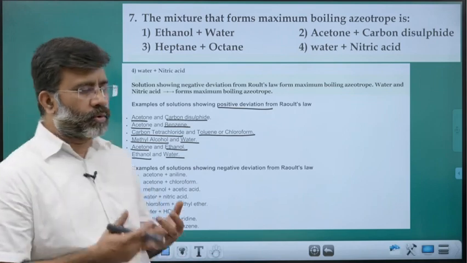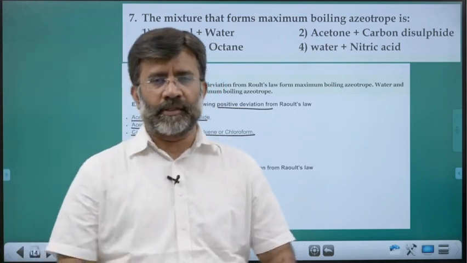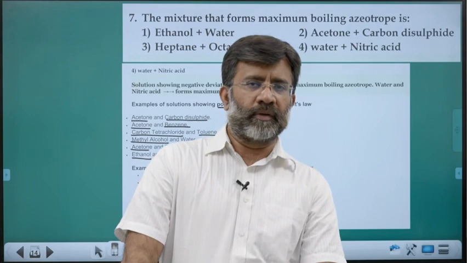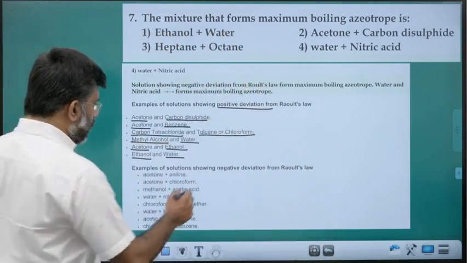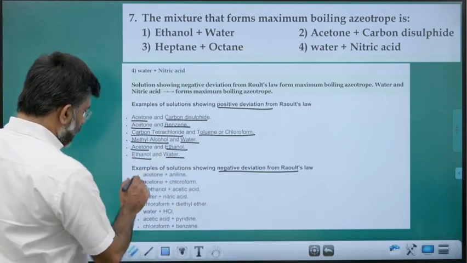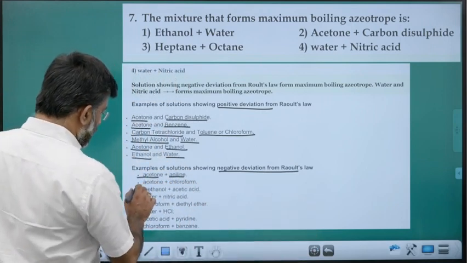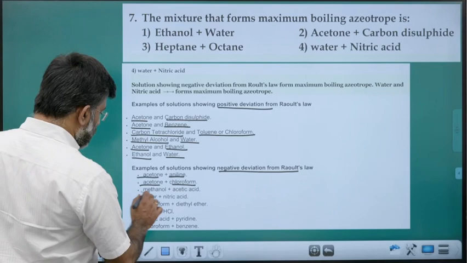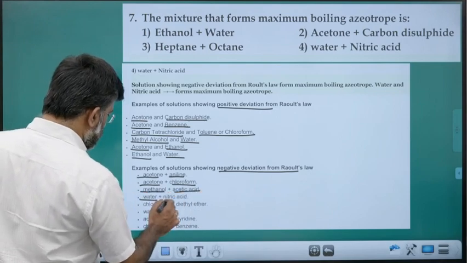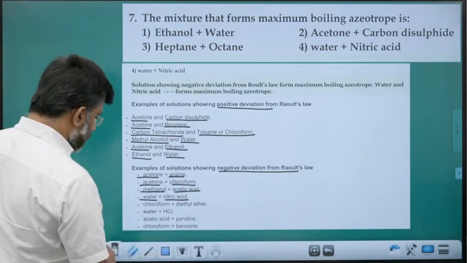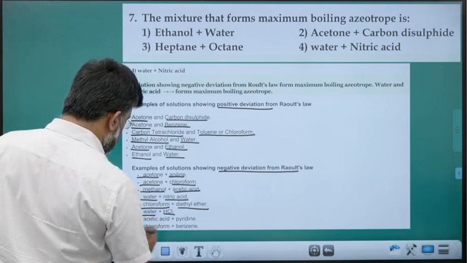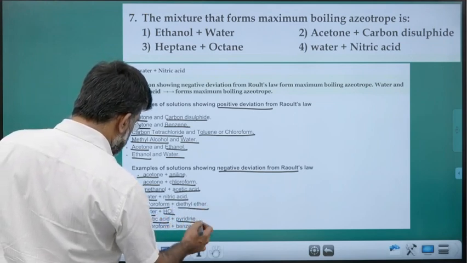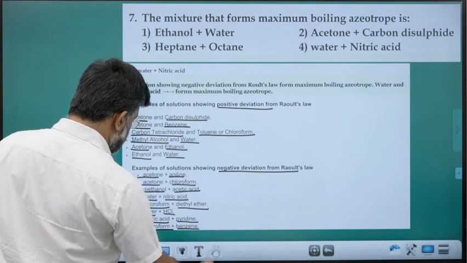Try to go through similar examples for ideal solution, positive deviation, negative deviation, etc. A few examples for negative deviation you can find: acetone aniline, acetone chloroform, methanol acetic acid, water nitric acid, which is the answer here, chloroform diethyl ether, water with HCl, acetic acid with pyridine, chloroform with benzene.